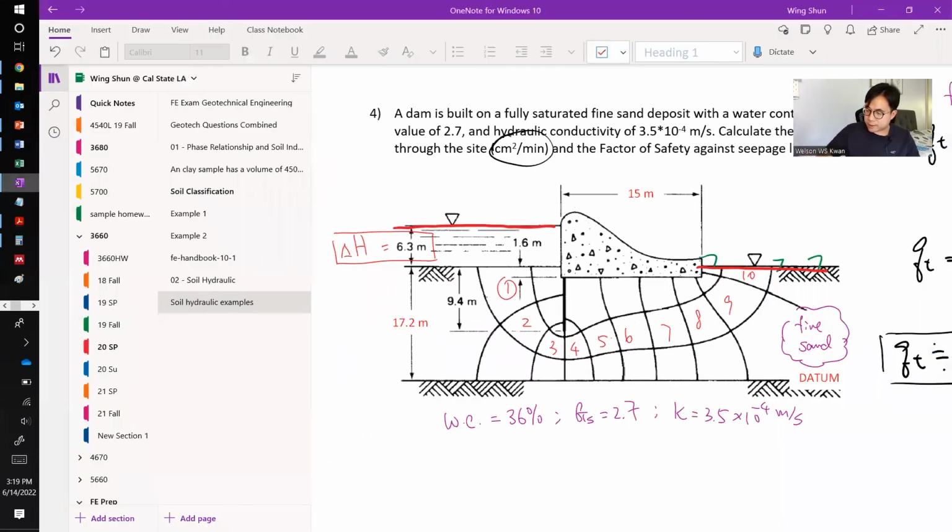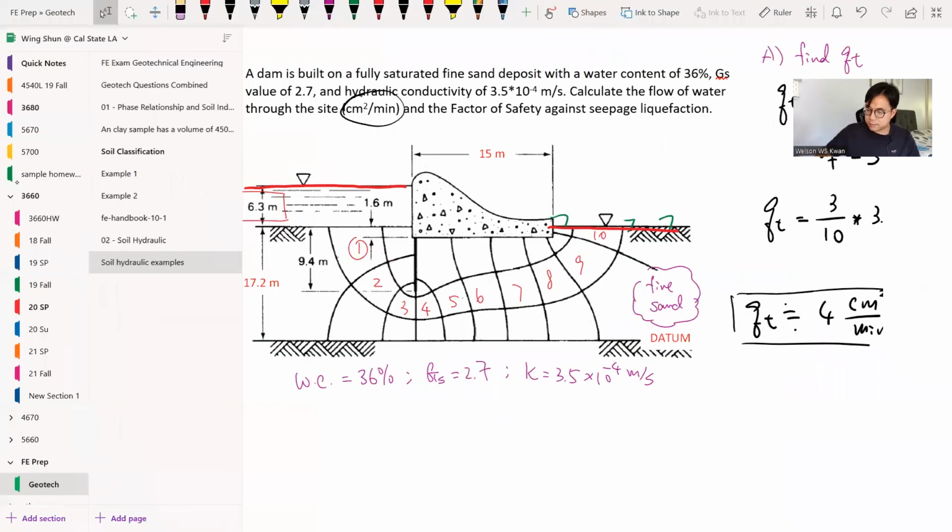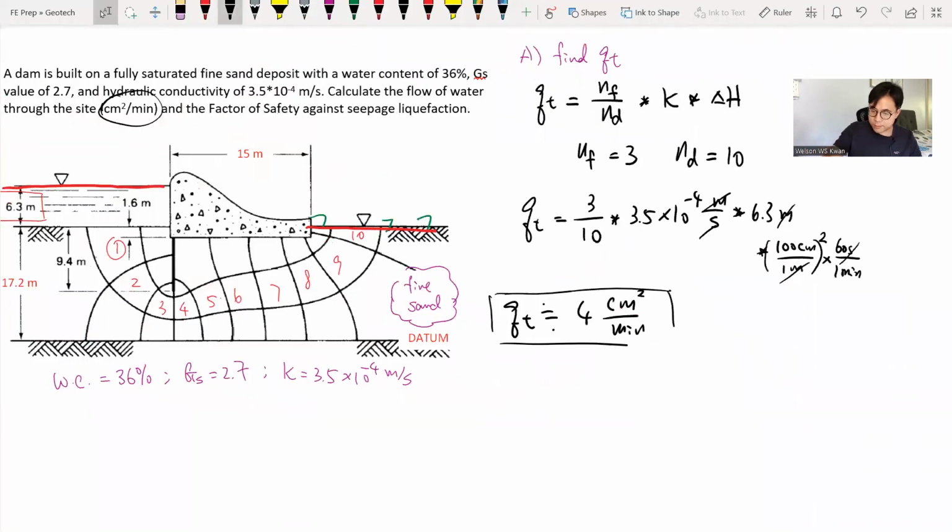So solving for the second part of the problem, part B, is find the factor of safety for seepage liquefaction.